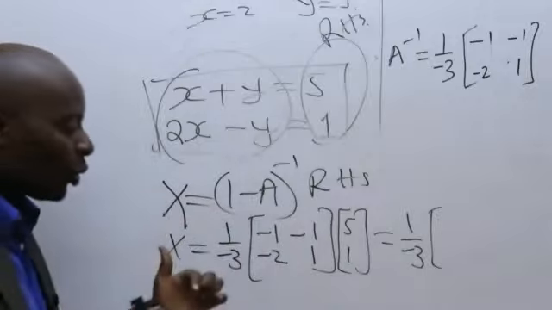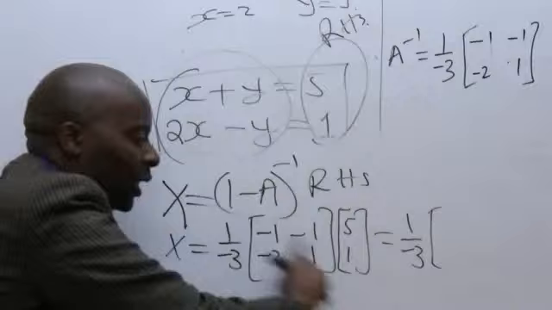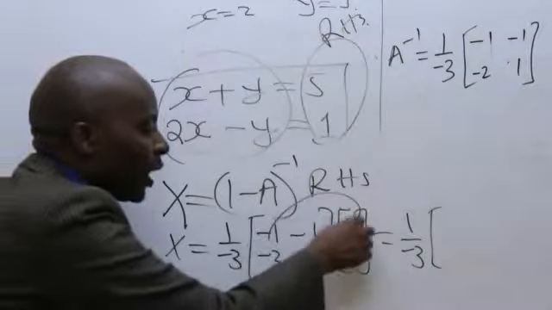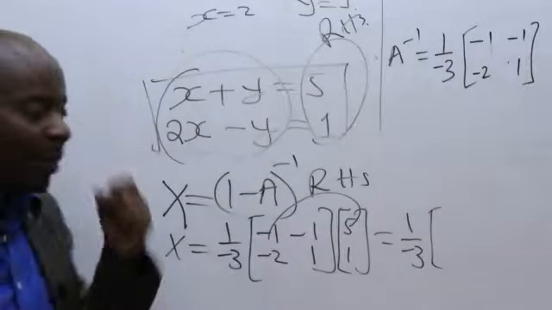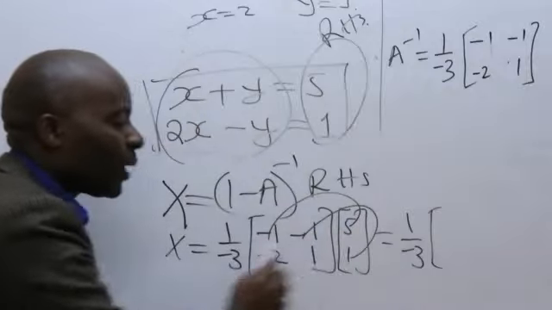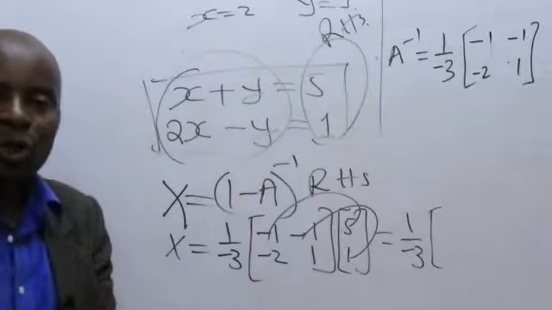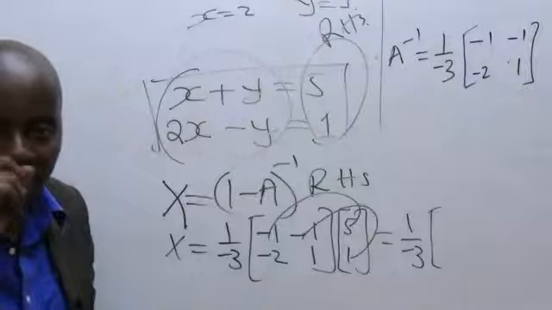The first elements are multiplied, plus the second elements multiplied, and then you give me one answer, because row by column should always give us a single consolidated figure.